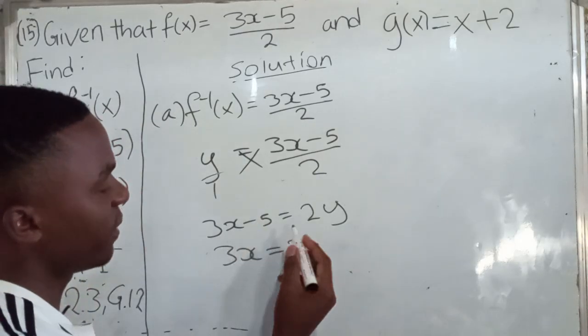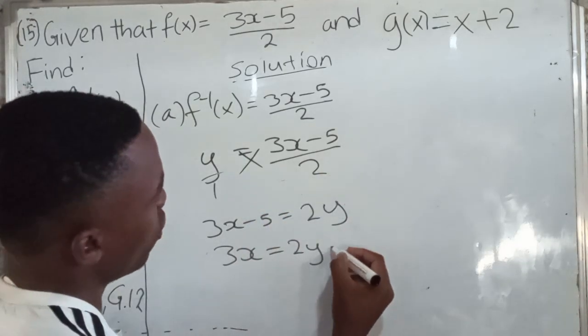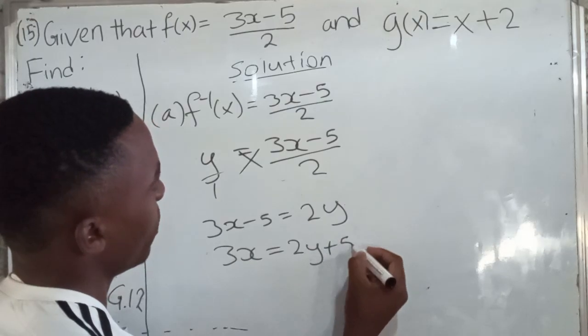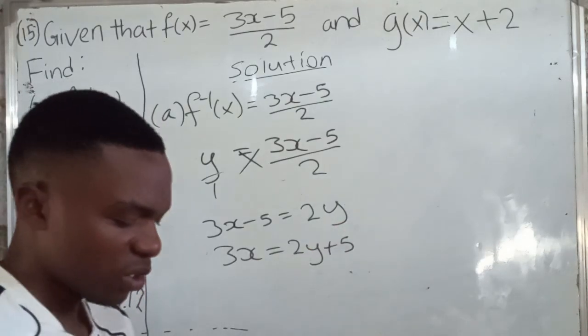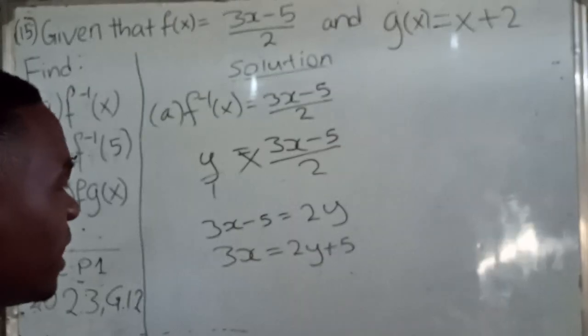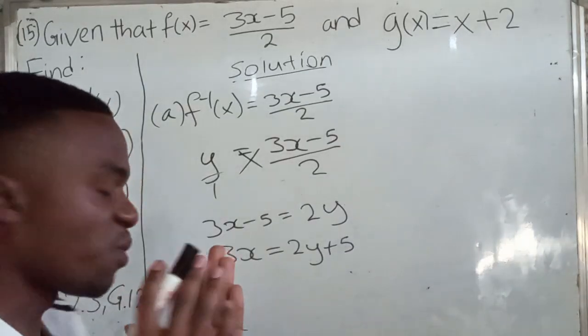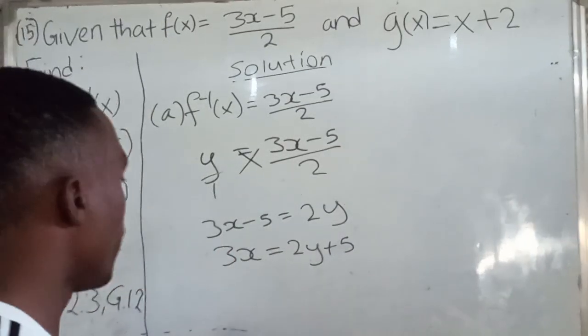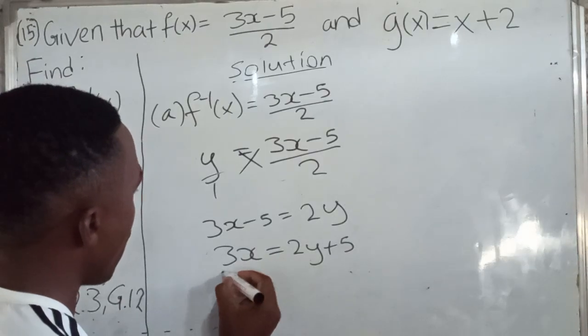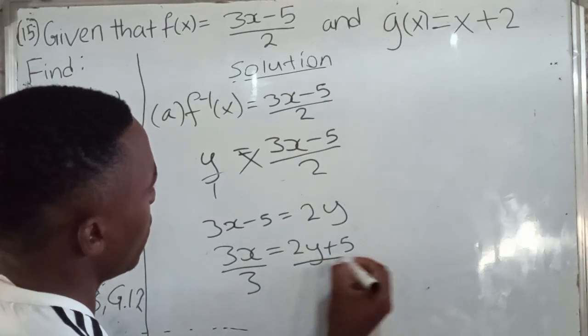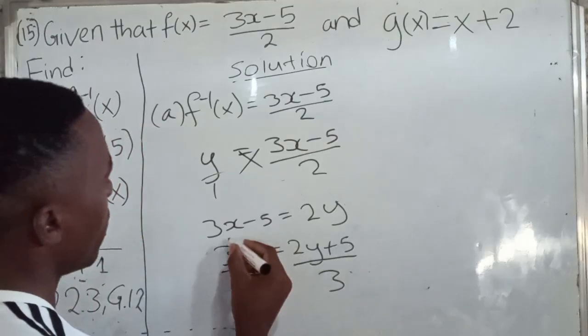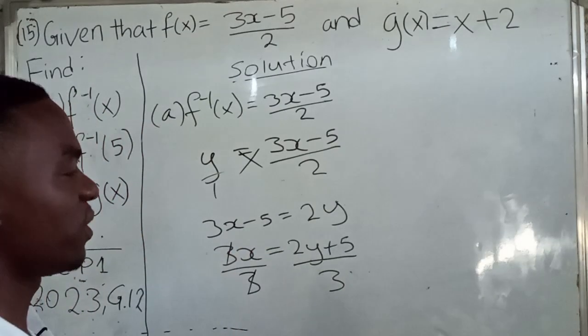Because this is a negative sign, after crossing the equal sign it will be a positive 5. For us to make x stand alone, we are going to say over 3, and here also over 3, so that 3 and 3 can cancel.